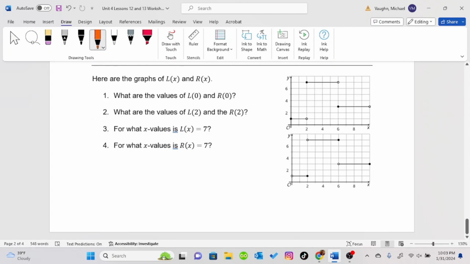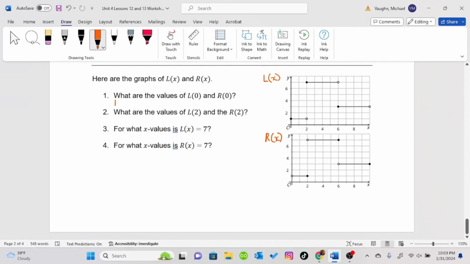And our last practice problem, here are the graphs of L of x and R of x. These are in order. So this top one is L of x. This bottom one is R of x. Number 1. What are the values of L of 0 and R of 0?